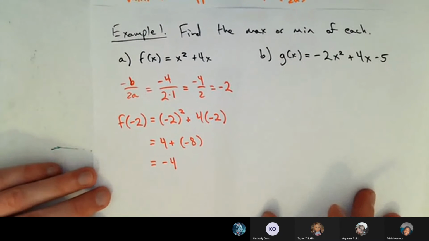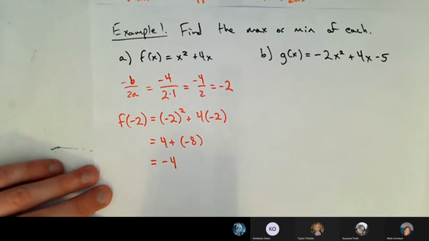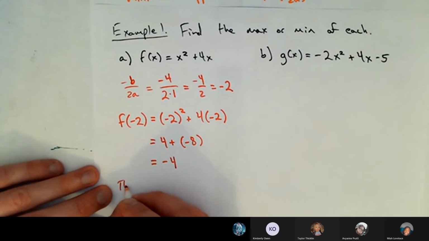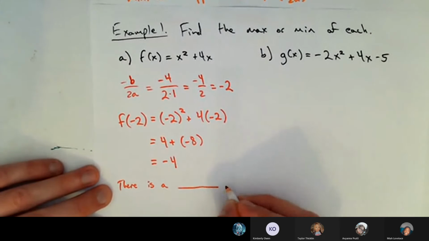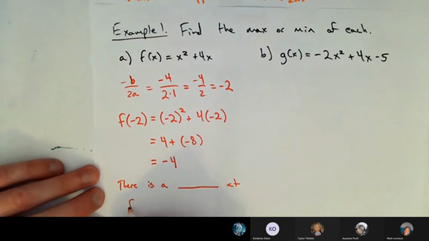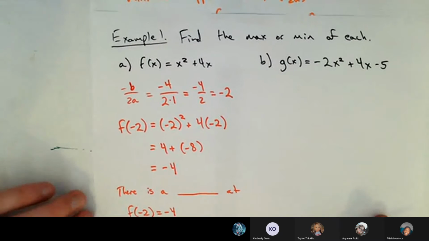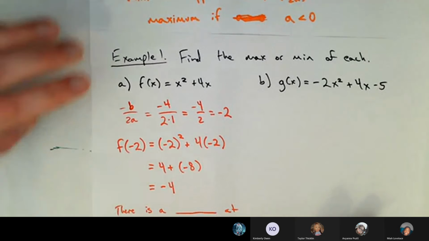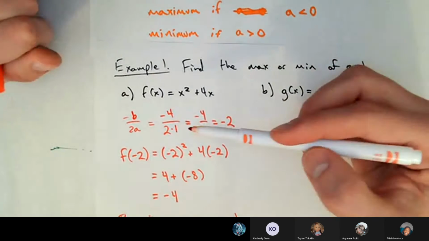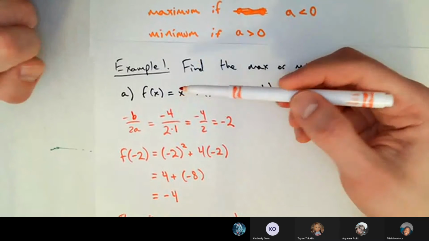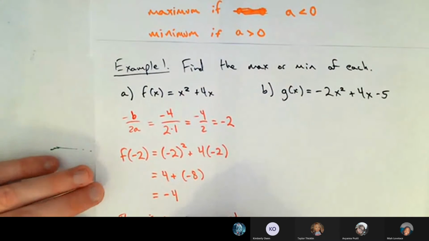So I have either a max or a min at this point. There is one at f of negative 2 equals negative 4. And would it be a max or a min? Well, according to this rule, since a, that leading coefficient, which is 1, is positive, I have a minimum.